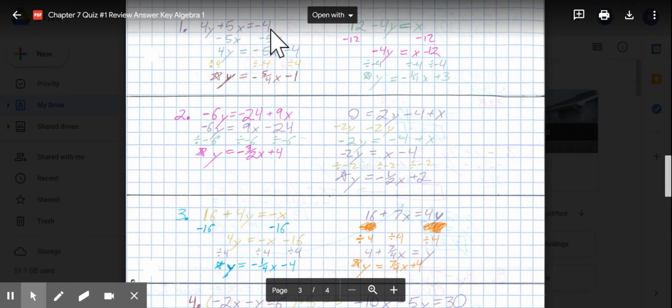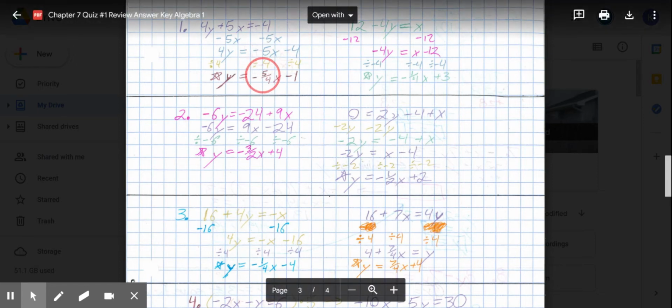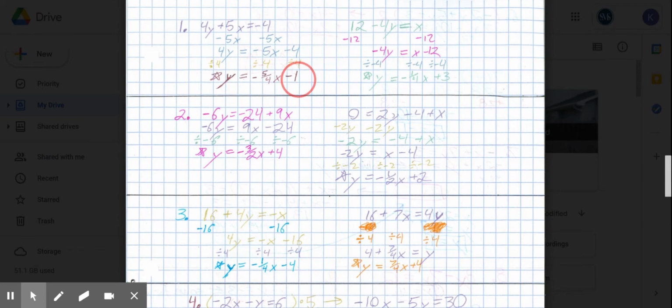To get y alone, we first need to subtract 5x from each side and then divide everything by 4. So we end up with y equals negative 5 over 4 x, and you want to leave that as a fraction to make your slope easier, minus 1. So we know our y-intercept is negative 1, and the slope is negative 5 over 4.